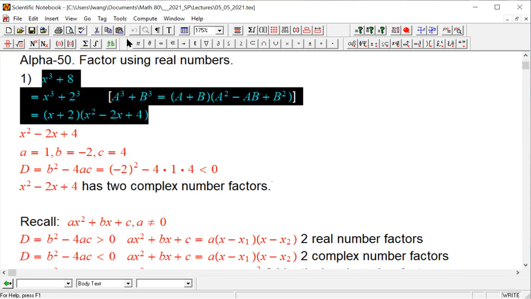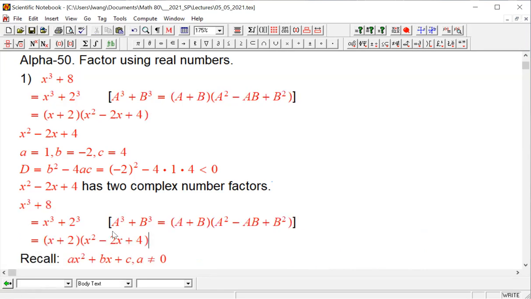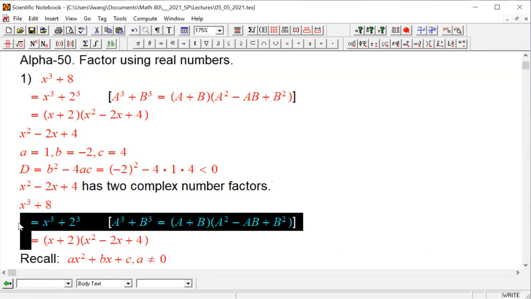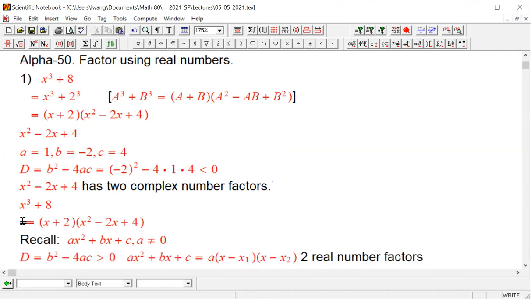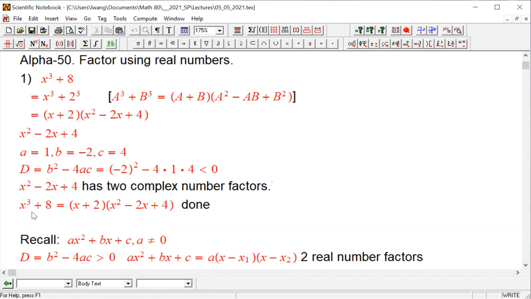So then you can tell the reader, you know what, this guy is just equal to that. It's done. Okay, so the x to the power 3 plus 8 has only 2 real factors. One is linear and the other one is quadratic.